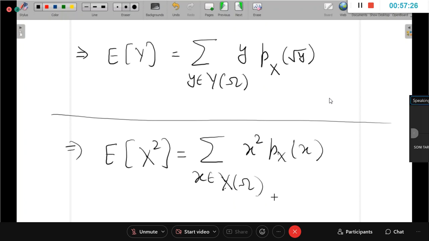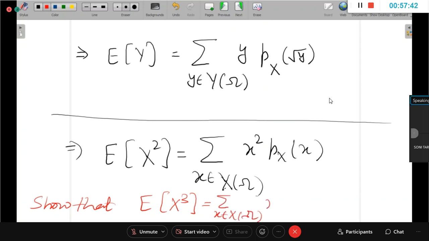Now your exercise is to show that the expectation of x cube in this particular case is summation x belongs to x of omega times x cube times px of x.